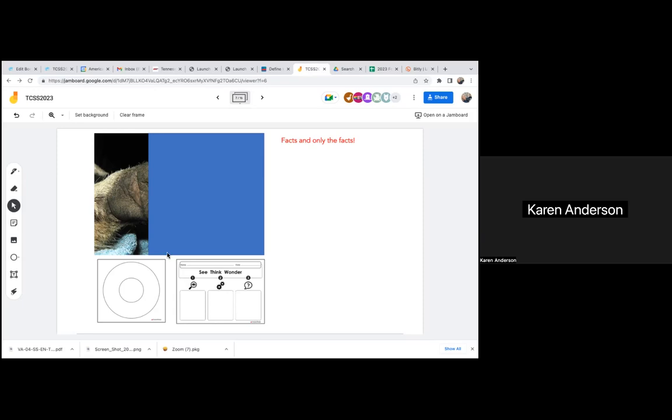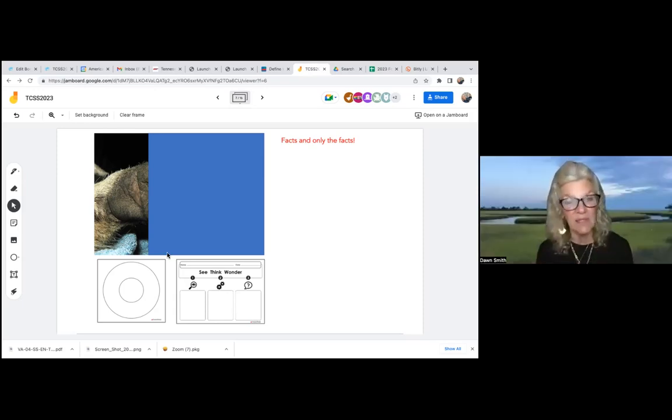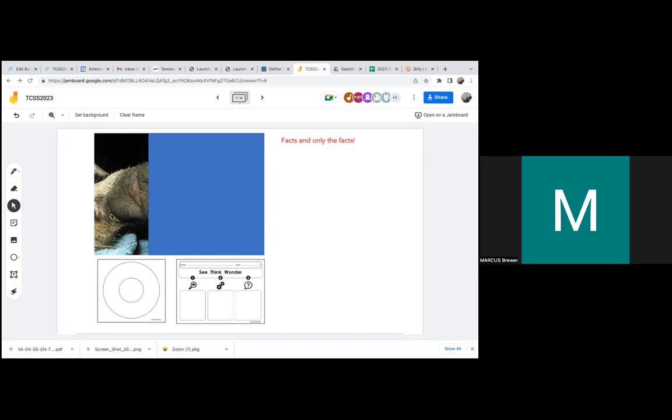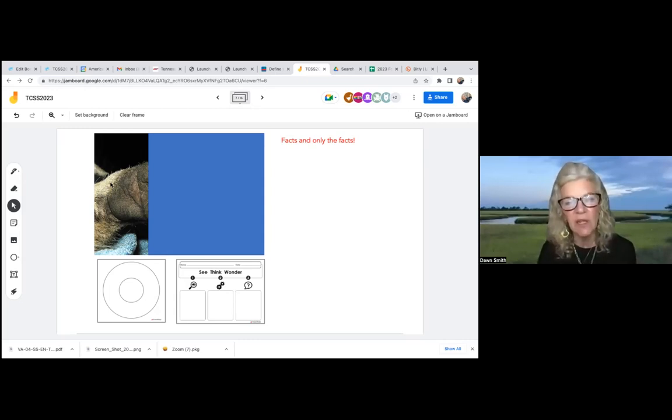Okay, so if you were a 5 or 6 year old, what you might say is, I see some lines. I see some different colors, tan and yellow and brown. I see something right here that maybe looks like hair. It looks like there is a blanket or something, a piece of cloth down here.